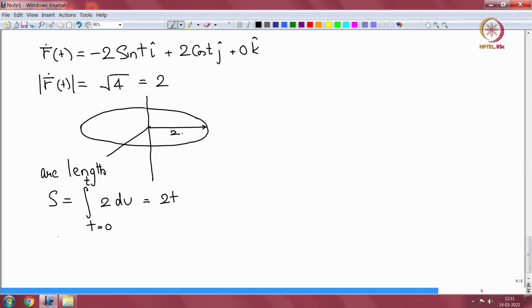Therefore, if I parameterize it in terms of the arc length, my r hat of s now looks like 2 cos(s/2) i plus 2 sin(s/2) j plus 0 k.